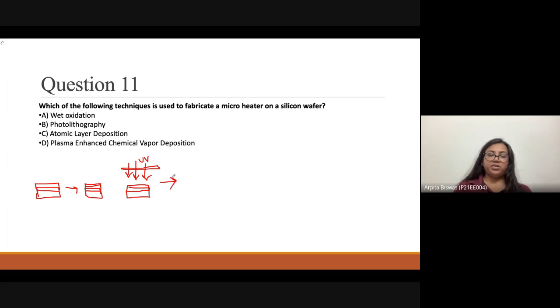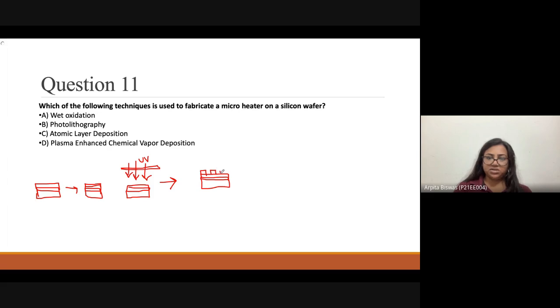After the development, a structure like this is present: silicon oxide, then the nickel. For the micro heater they have deposited the nickel, and there is a photoresist portion, showing which portion we want to keep and which portion we want to remove.